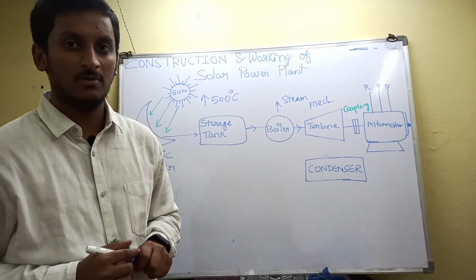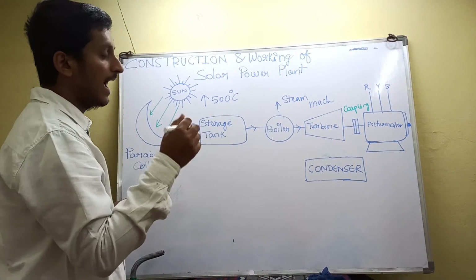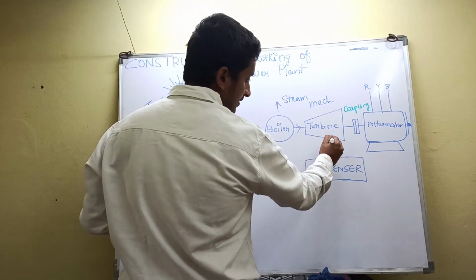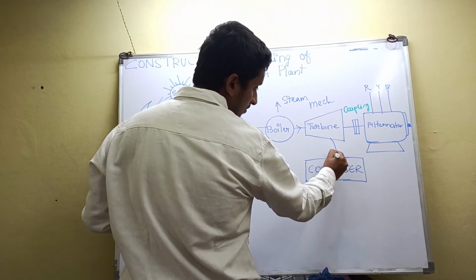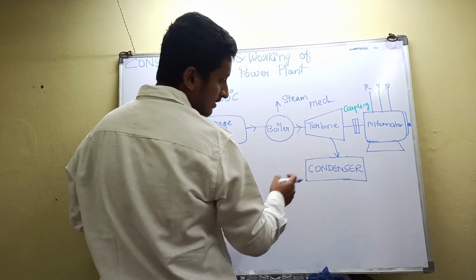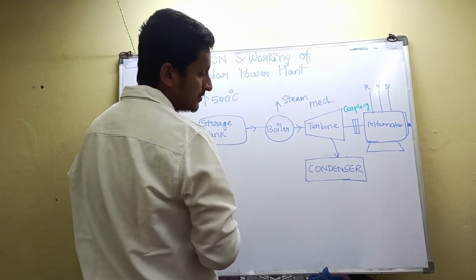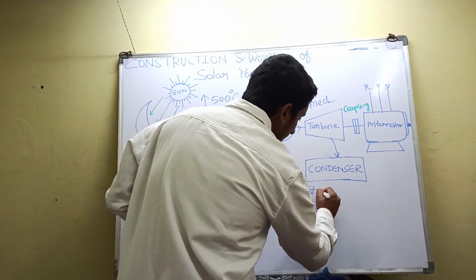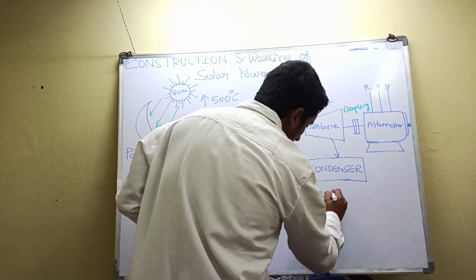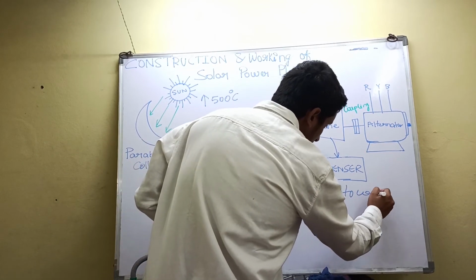energy. Now I would like to add a point: from the turbine, some of the steam is sent to the condenser. The function of the condenser is to convert steam to water.